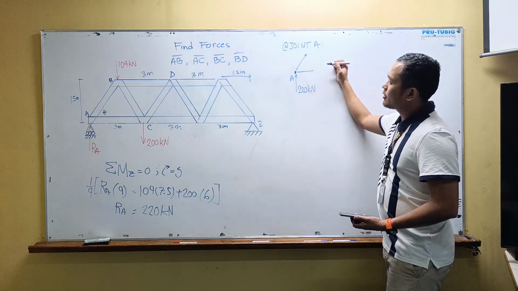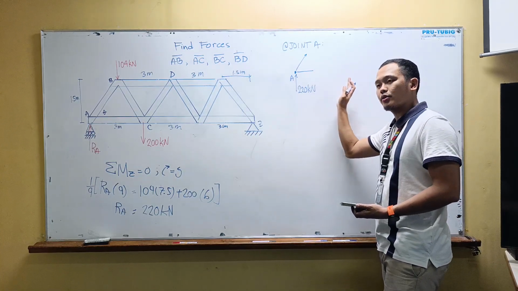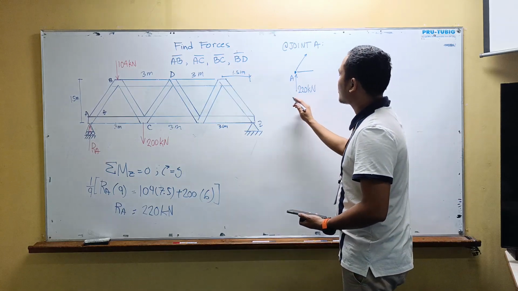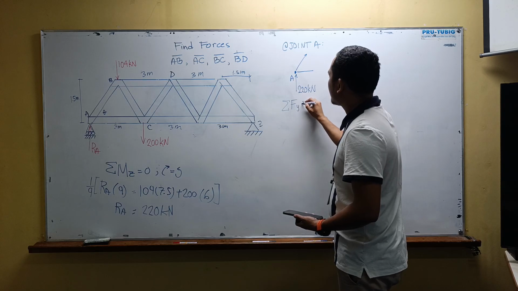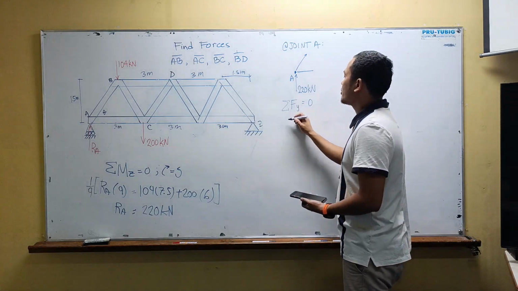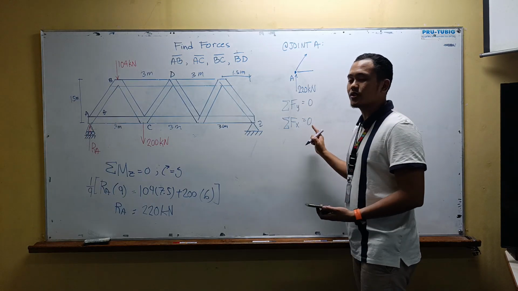But this is governed by the equilibrium equations. You have to sum up forces vertical, it has to equal 0. You also have to sum up forces horizontal, and that also equals 0.